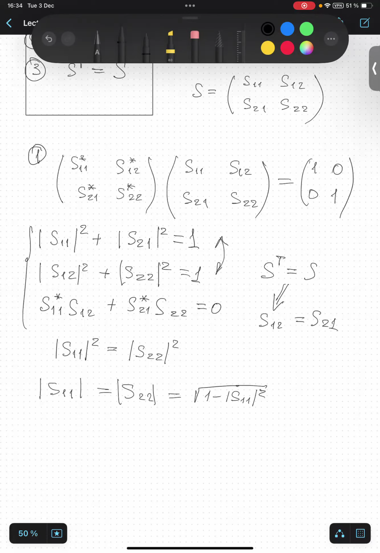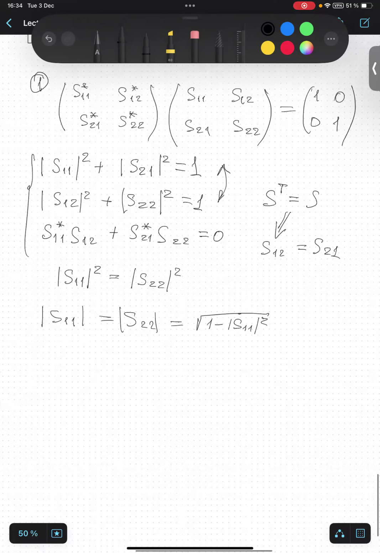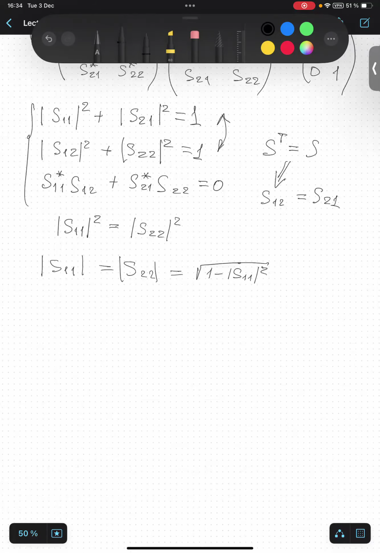And what now? Now we can rewrite the whole S matrix. So what do we have here? S11, square root of 1 minus S11 squared.